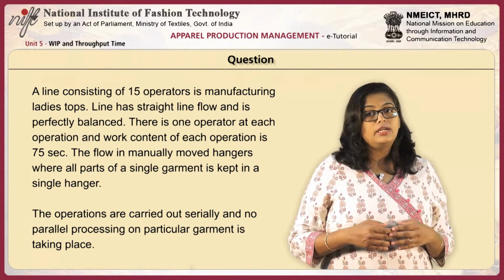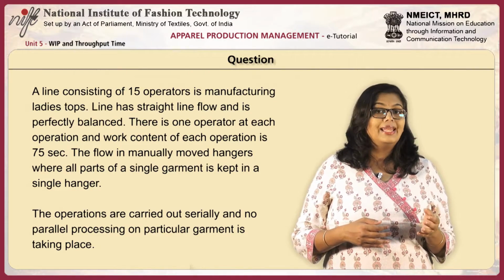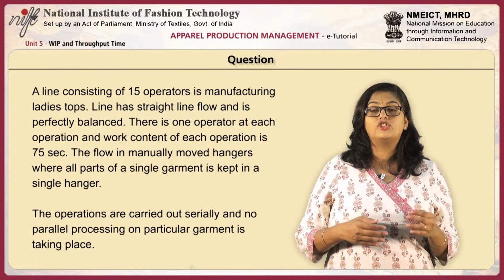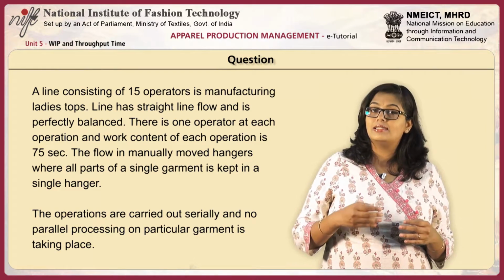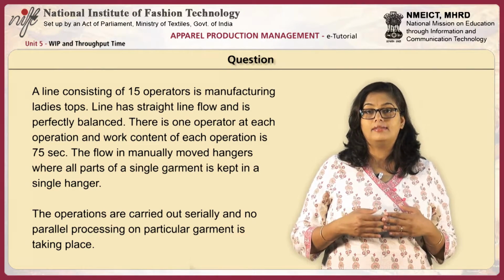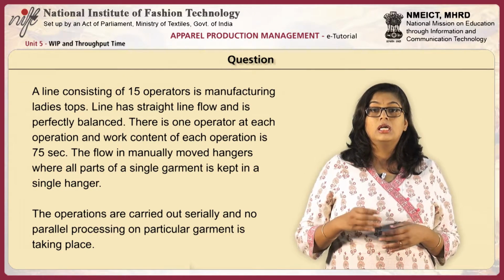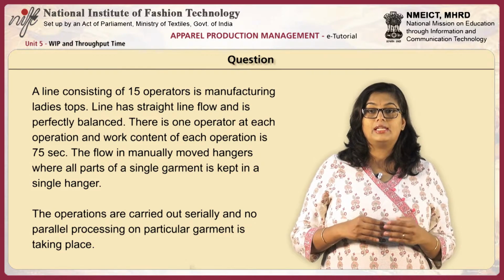Let us also look at another question here. A line consisting of 15 operators is manufacturing ladies' top. I repeat, a line consisting of 15 operators is manufacturing ladies' top. Line has straight line flow and is perfectly balanced.